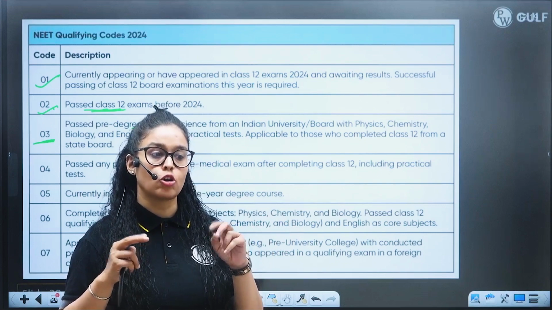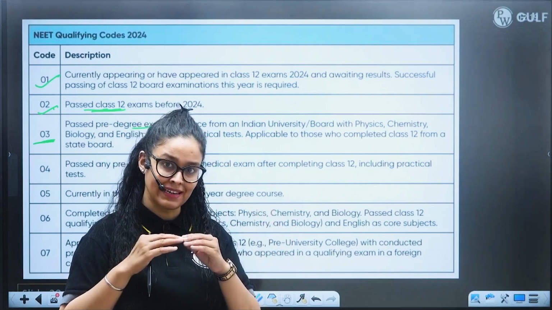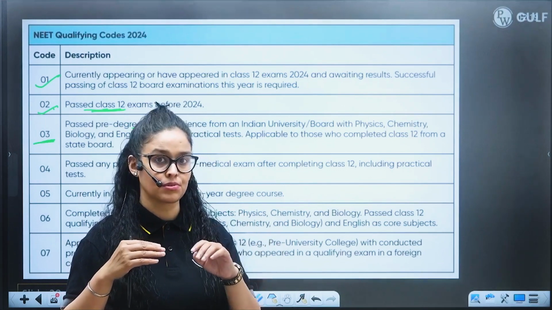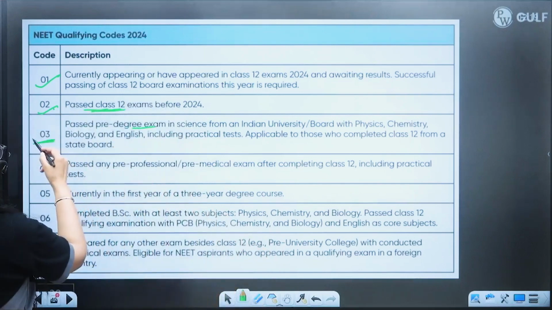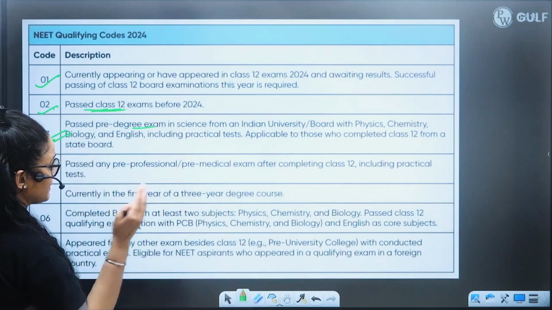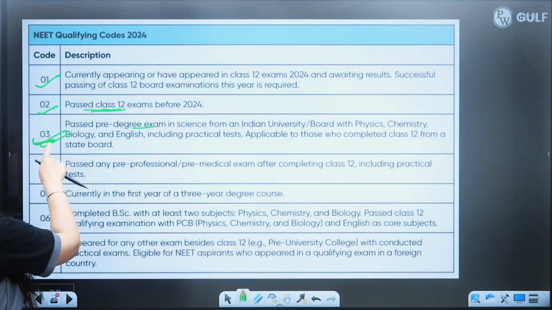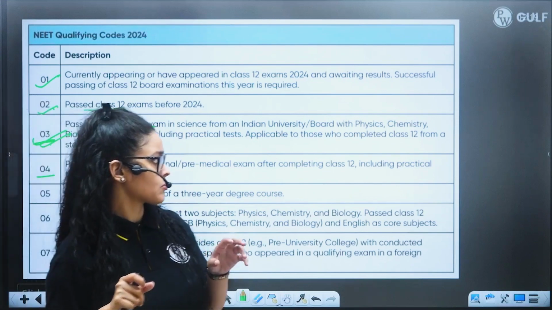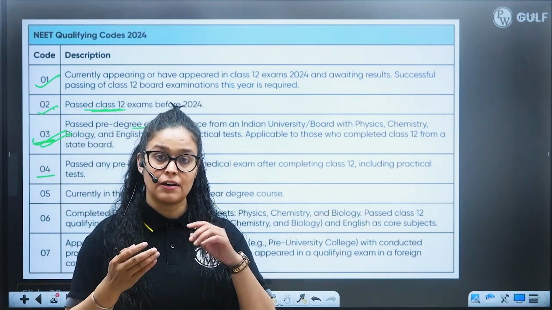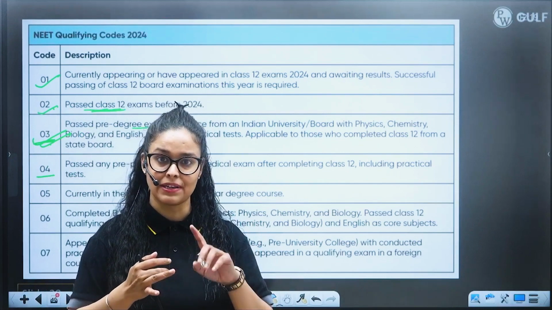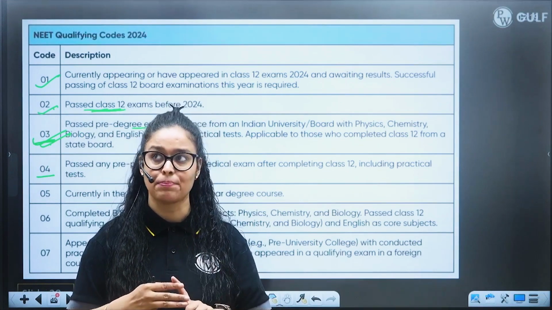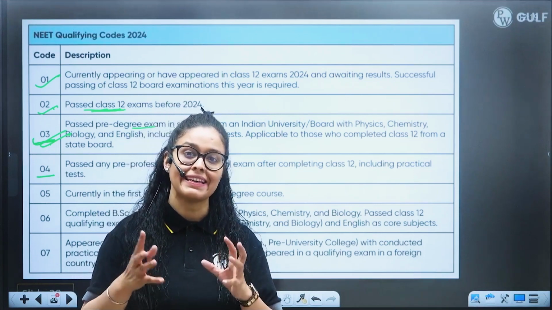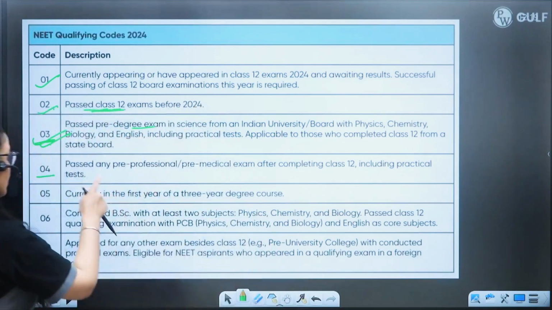So if your state has the concept of degree college or pre-university courses, and you have completed class 12th from such boards, you will choose 3. Fourth is for those who have passed any pre-professional or pre-medical exam. Suppose you have already completed pre-medical courses like nursing, BAMS, BHMS, or pharmacy. For any subject related to medicine, you will choose this.